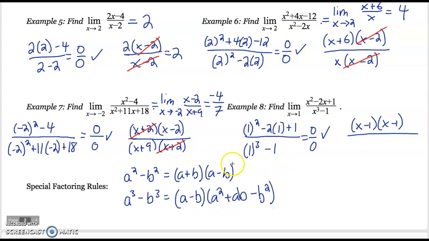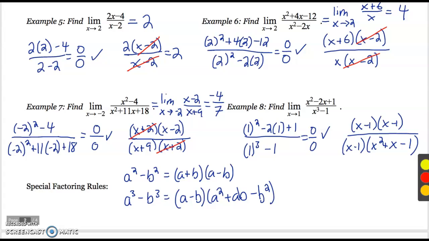In this scenario, it'll be pretty easy because our a value is x, and b cubed is 1, so b has to be 1. So when I factor on the bottom, it'll be x minus 1, and left over I'll have x squared plus 1x plus 1 squared, which is just 1.